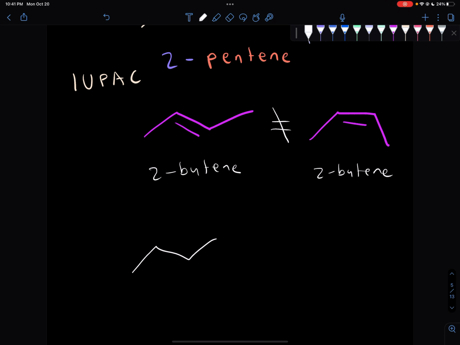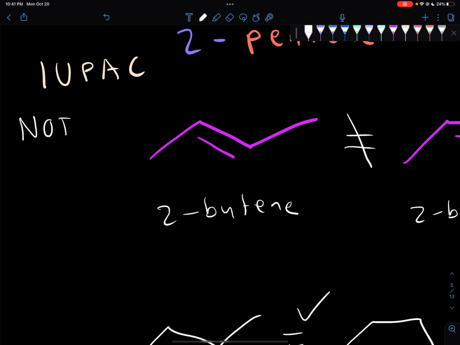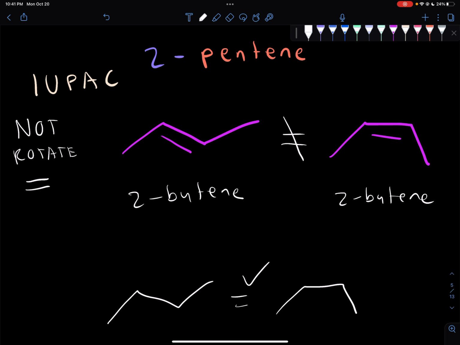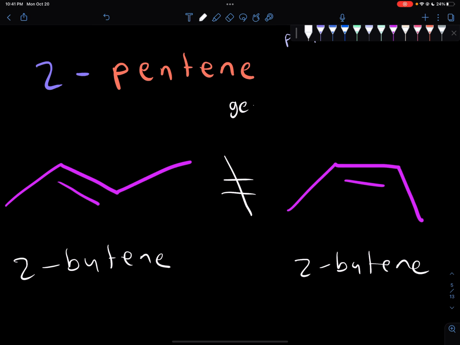If you had this, these are the same thing because you can just rotate single bonds, but you cannot rotate double bonds. So I cannot just rotate this and get this, right? That is not going to work. So these end up being completely different molecules. They're isomers of each other. They're diastereomers or geometric isomers.